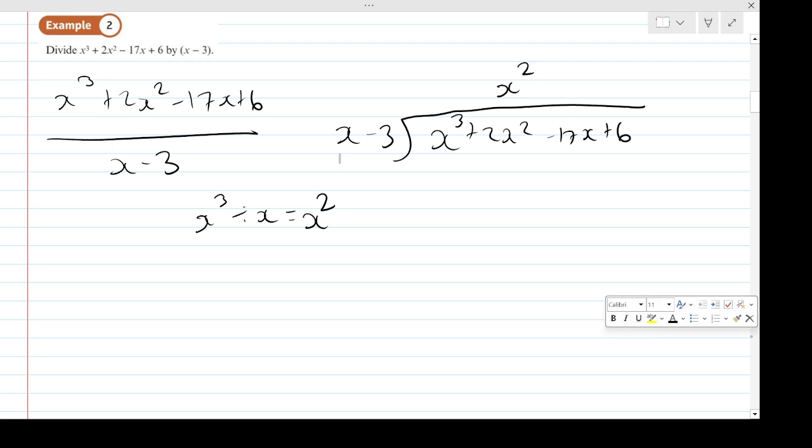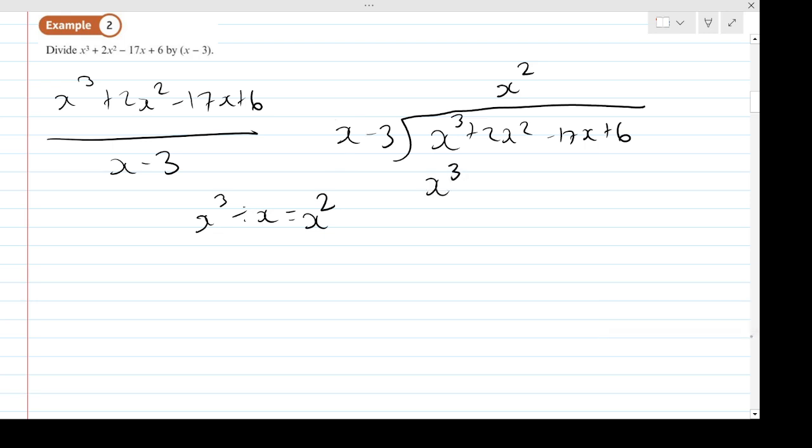Then we want to multiply the x squared term by every term on the outside. So x squared times x is x cubed, and I'm going to write that down here.